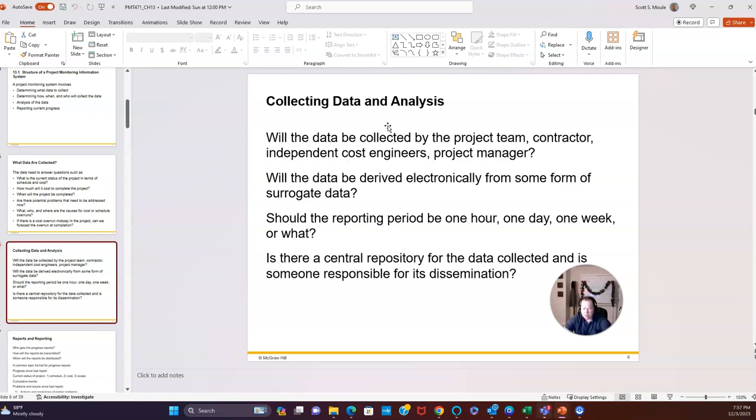So often when you start a new project, you can go to the central repository, look at similar types of projects and see what metrics were captured, how the team performed, what kind of risks, and be able to leverage those lessons learned for your project. And that is a critical part of maturing a company over time. How do you get better with doing your projects?